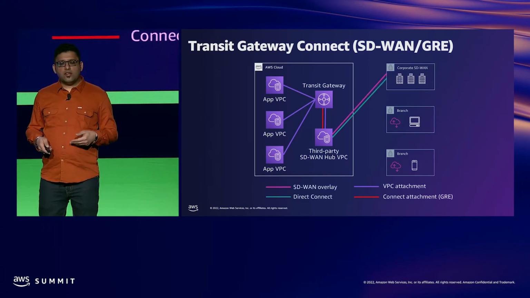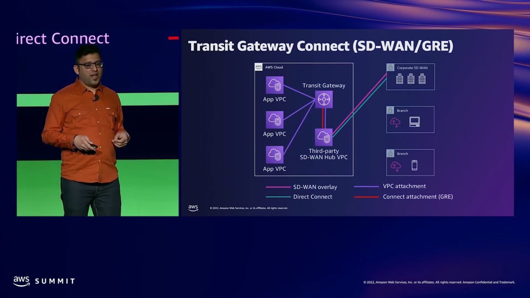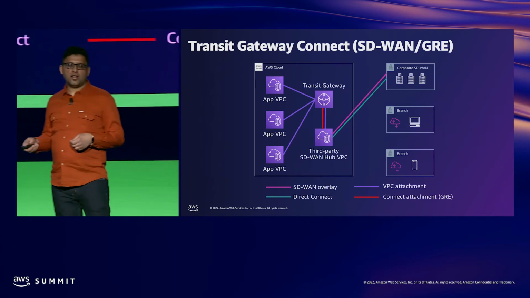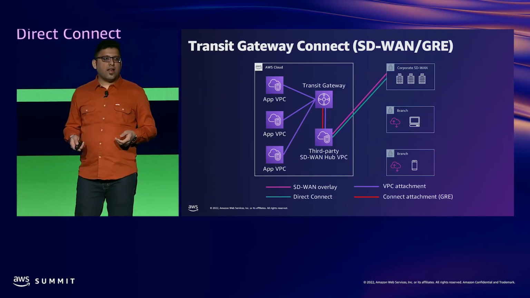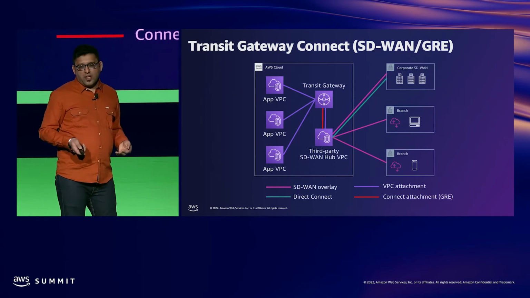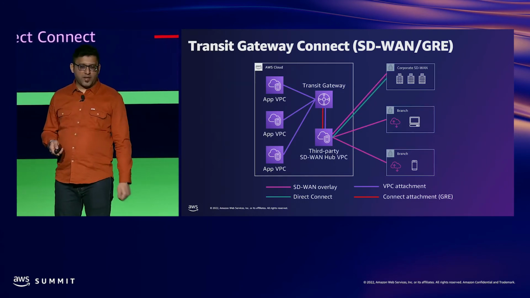Then you can use that SD-WAN appliance running within the VPC to extend connectivity to your corporate data centers using Direct Connect, and have the SD-WAN overlay run on top of that. Or you can have connectivity to your branches directly over the internet as well, as shown in the pink path here.